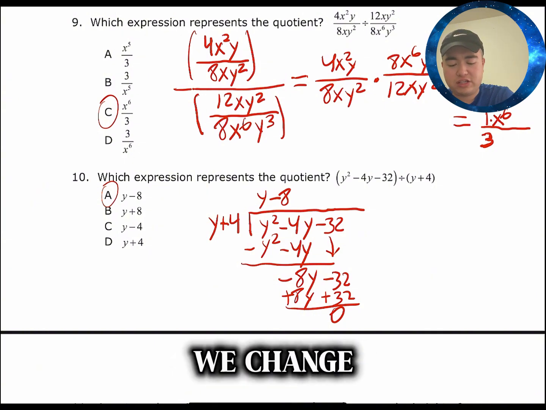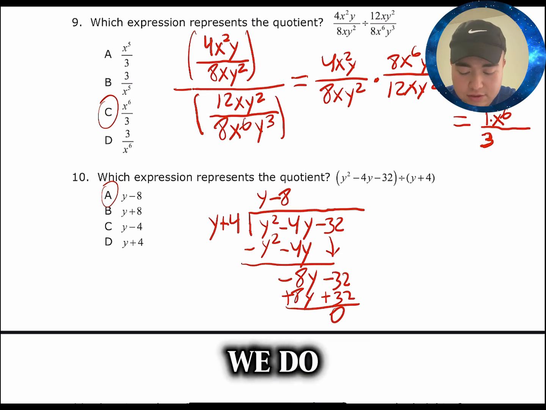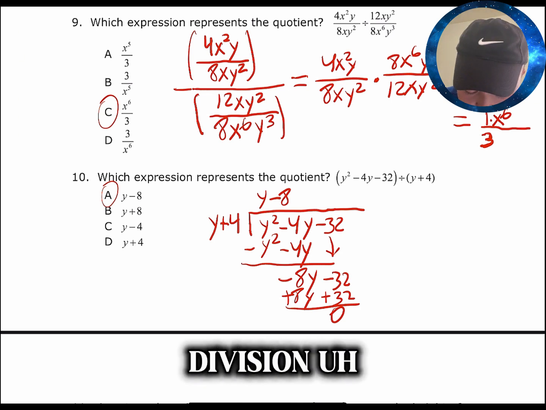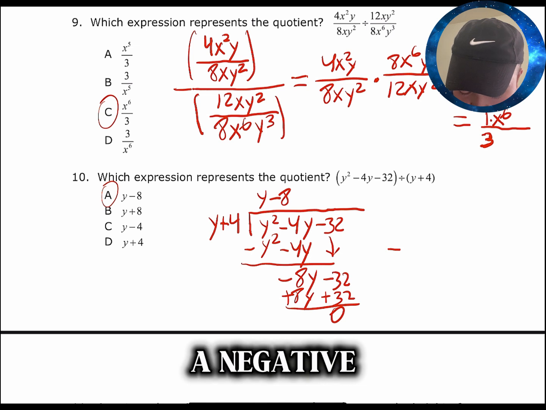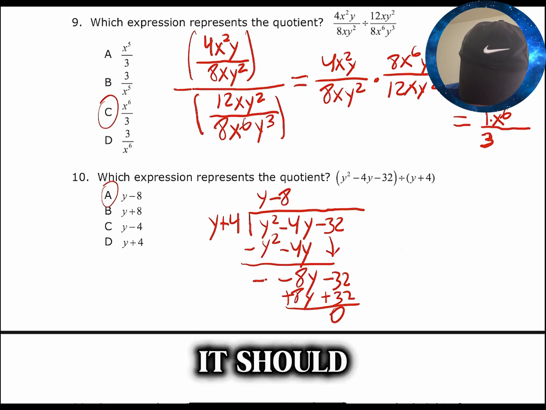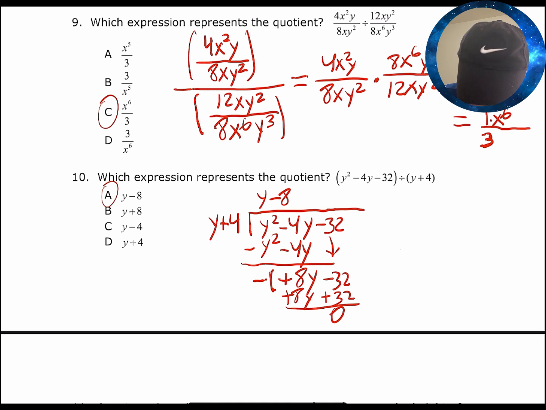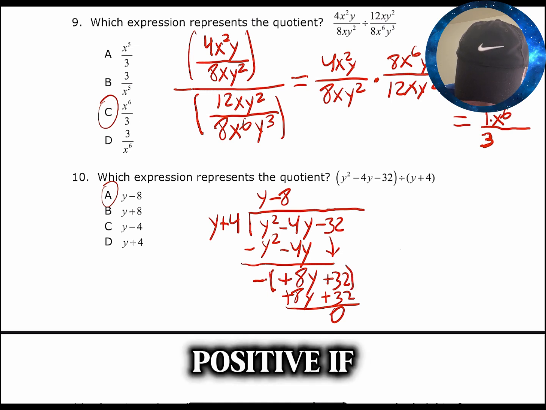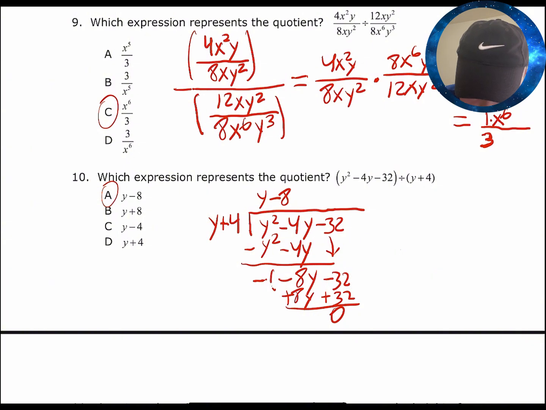And the reason why we change signs is that's how we do it in long division. Actually, there's supposed to be a negative right here in parentheses, and then these are positive if you want.